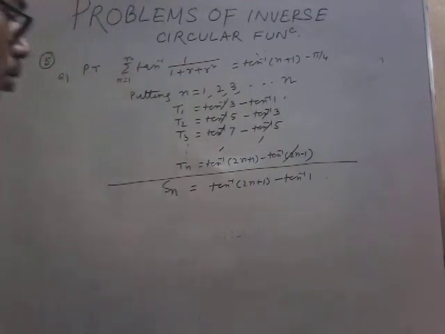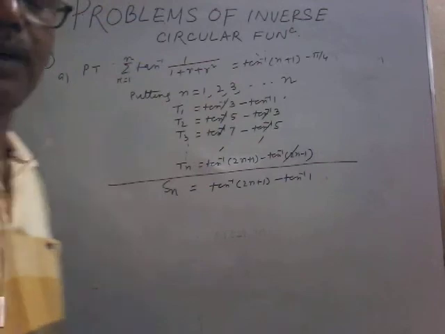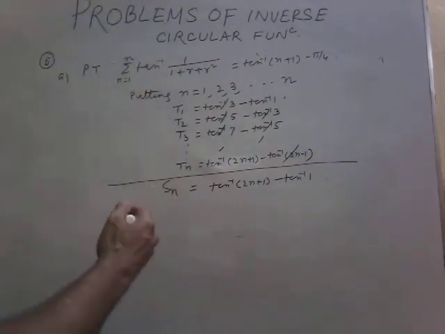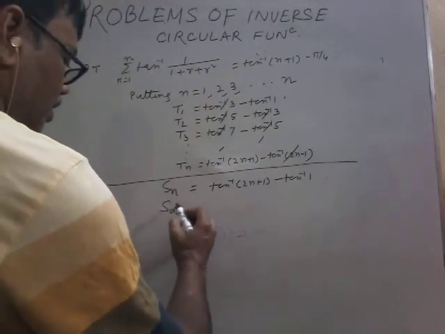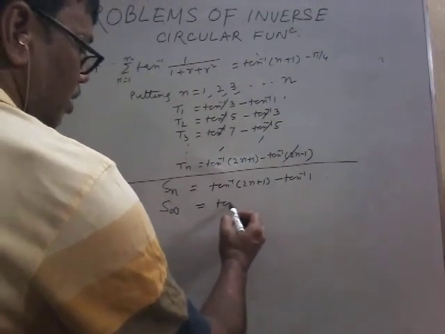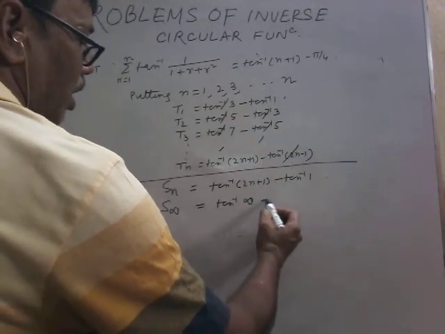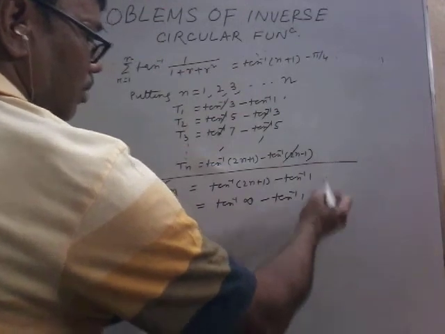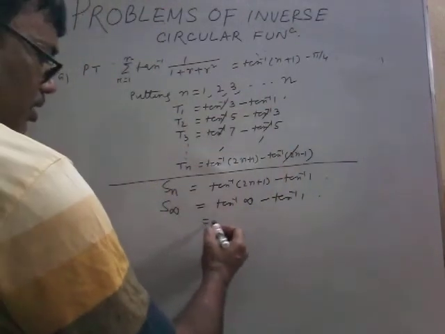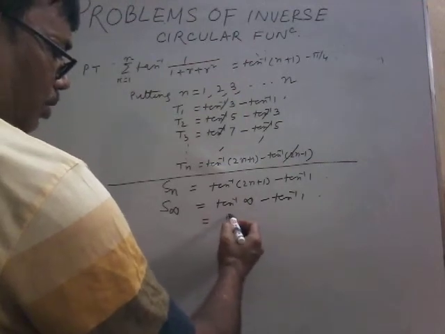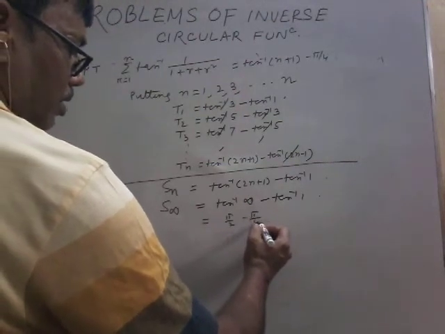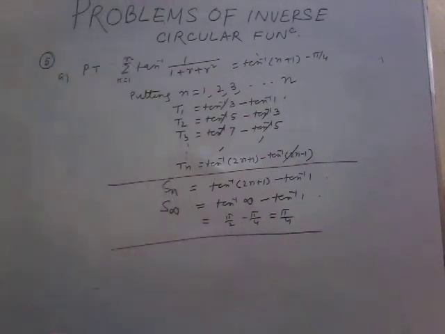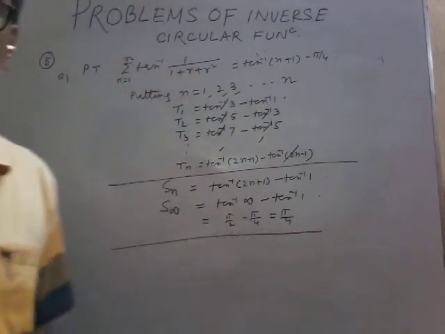Now you have to calculate S infinity, the sum up to infinity. So n is replaced by infinity. So S infinity equals tan inverse infinity minus tan inverse 1. Now this is tan inverse tan pi by 2, which is pi by 2, and this is pi by 4. So the final result is pi by 4.